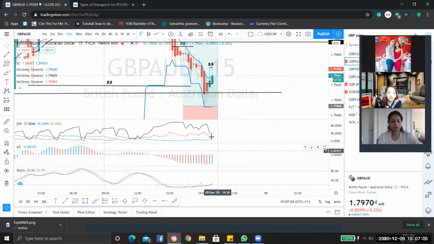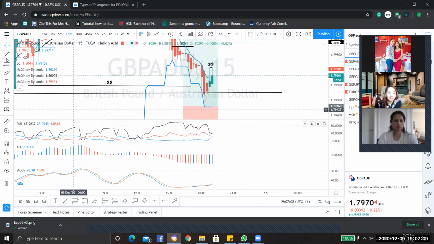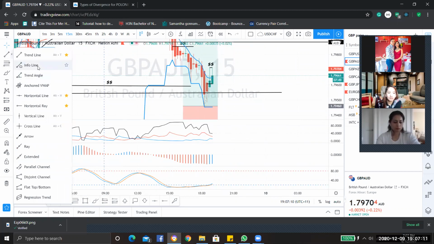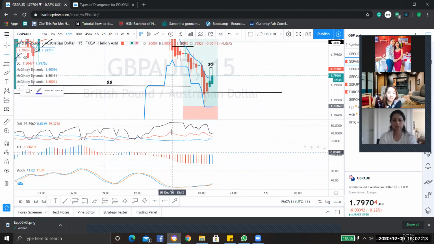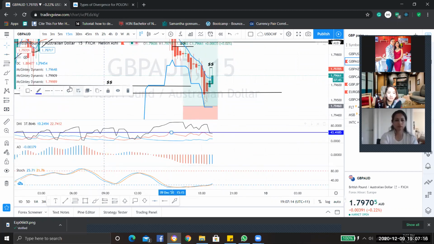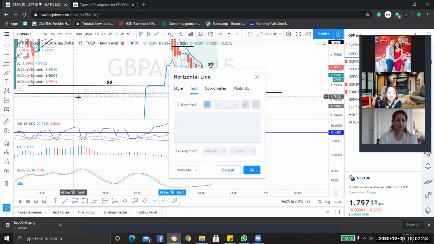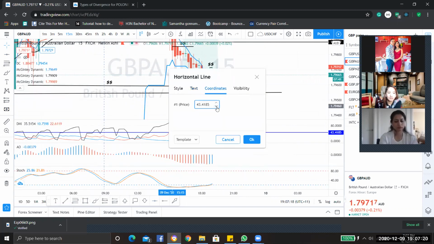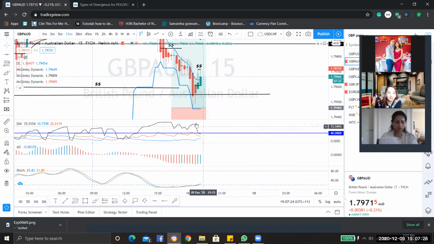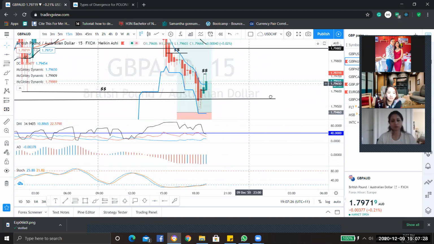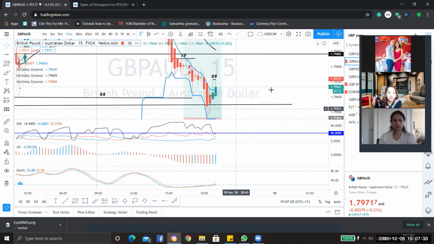We have a nice confirmation, 2 3 confirmation, but we don't have the DMI above. The DMI should be above 40. If you guys have gone through scanner source, then you should know that DMI should be above 40. So this is just a nice confirmation according to the scanner source.